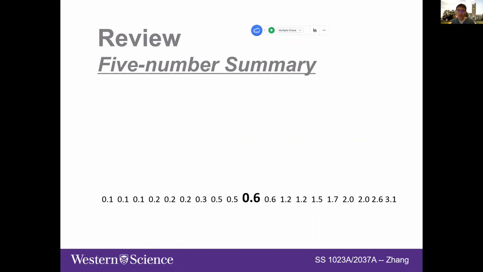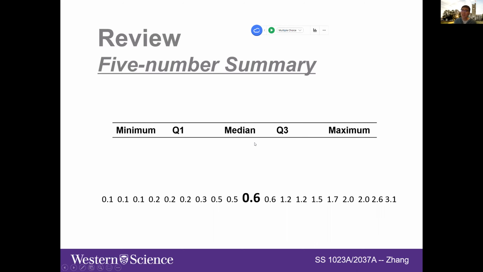So before describing the box plot, I have to review a very important concept, which was already covered in the previous video, which is the 5-number summary. If you are unfamiliar with this concept, you can just go back to the video to watch it over again. So basically, when we talk about data sets, we usually describe our data with 5 very useful summaries.